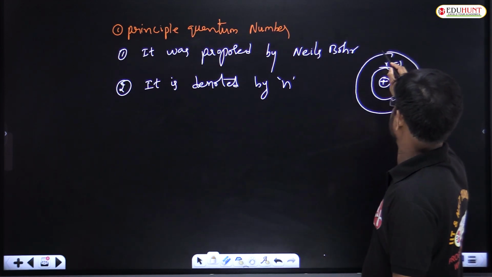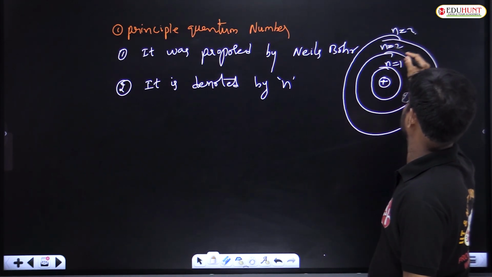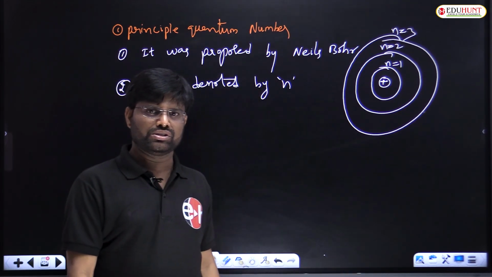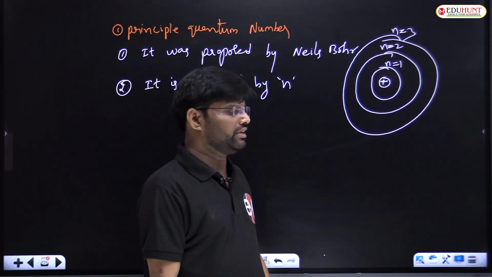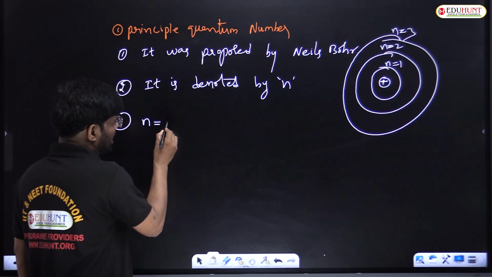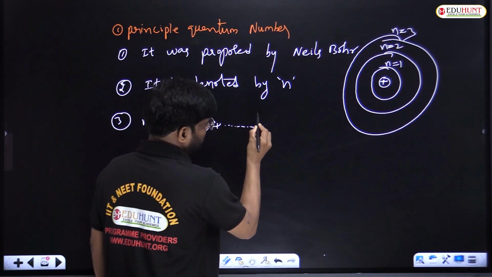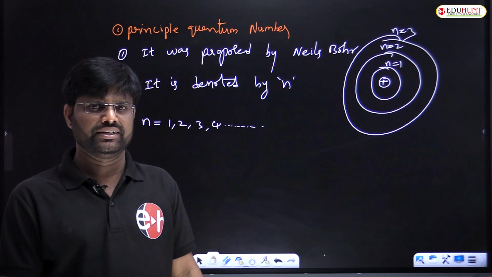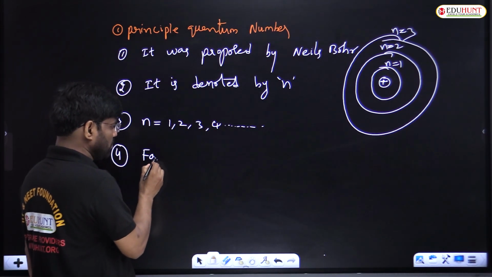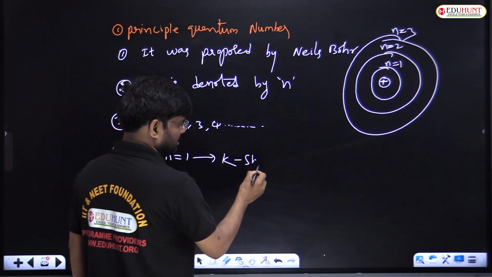Second orbit, n is equal to 2. Third orbit, n is equal to 3. So the n value starts from 1, 2, 3, 4 and so on. Fourth point: for n equal to 1, that is the K shell.